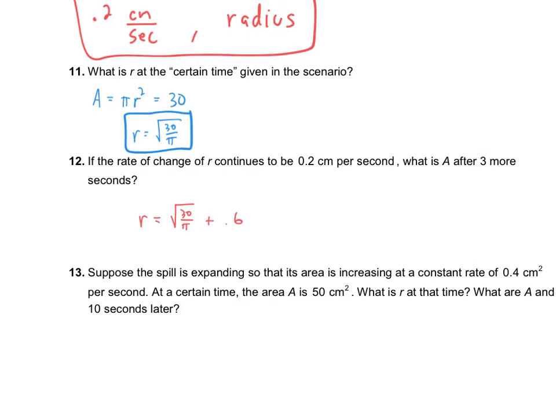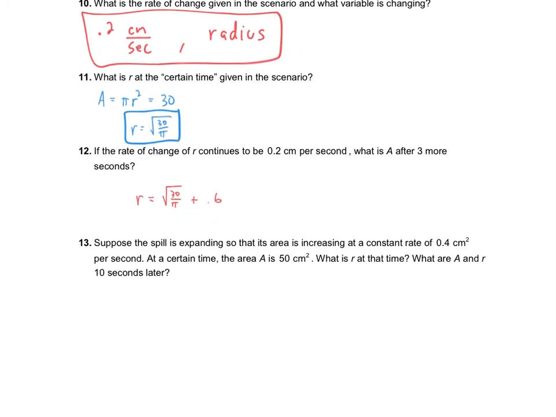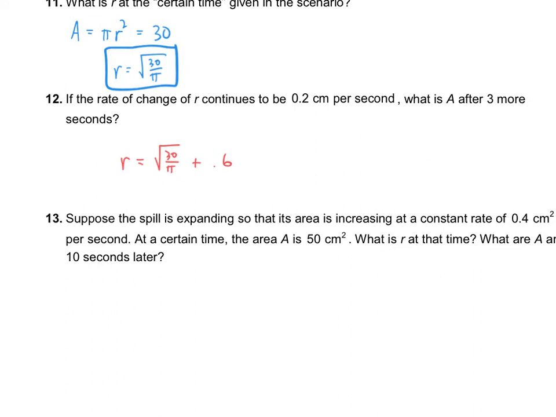Okay, so that's the new radius. Looks weird, but whatever. What is A after 3 seconds? That's the radius, so then we just square that and times by pi. So that we'd probably do in a calculator. Pi r squared.